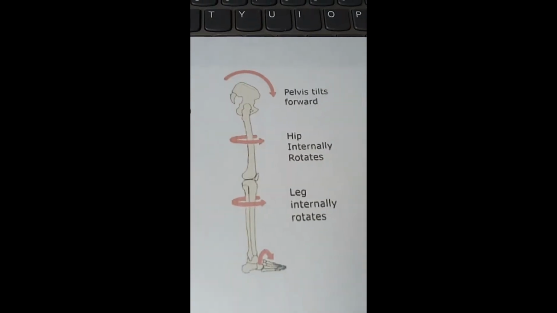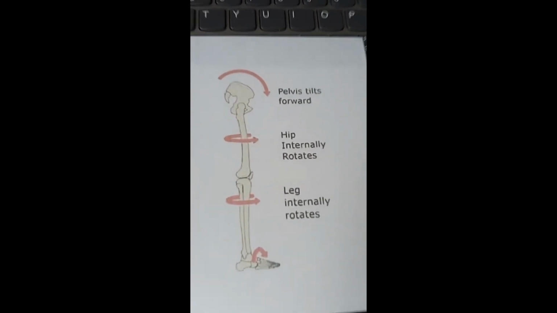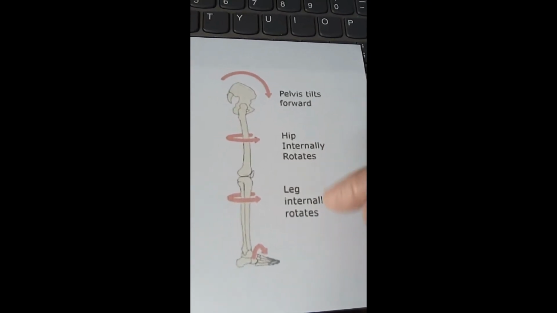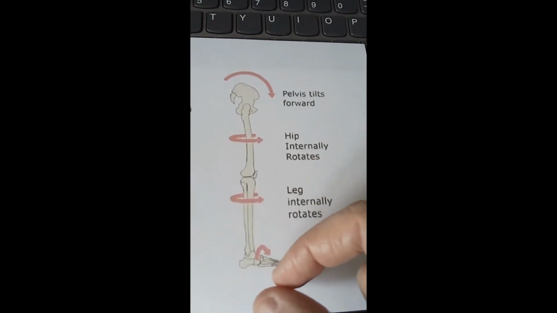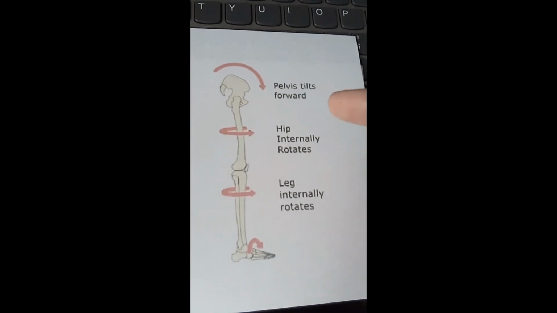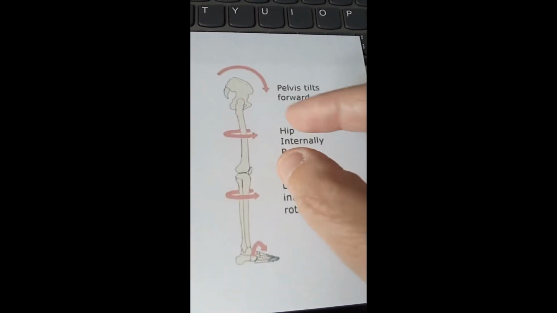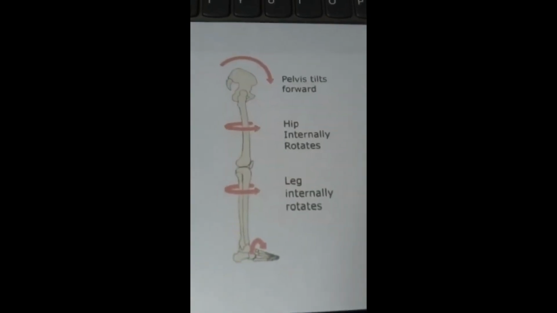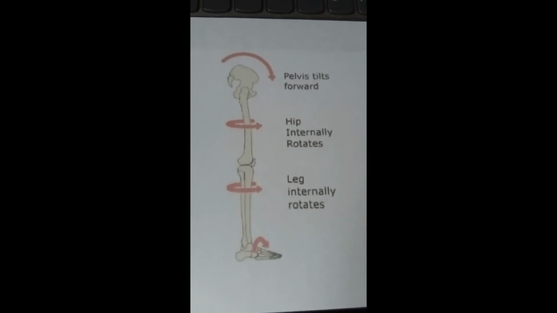So you're going to get anterior tilt. But also, we know even if you haven't got flat feet, if you get an anterior pelvic tilt, that will also cause internal rotation at the hip and potentially of the shin bone.